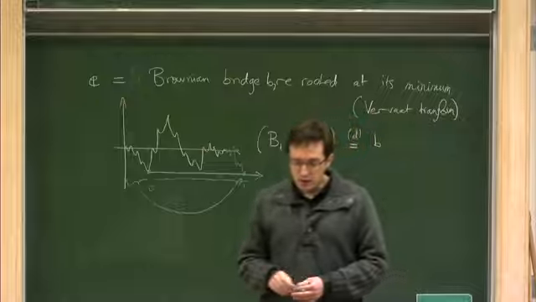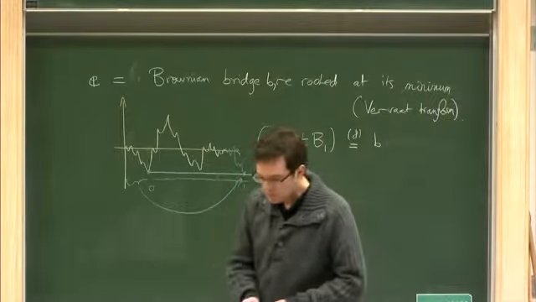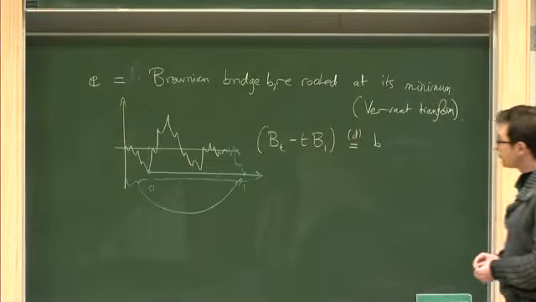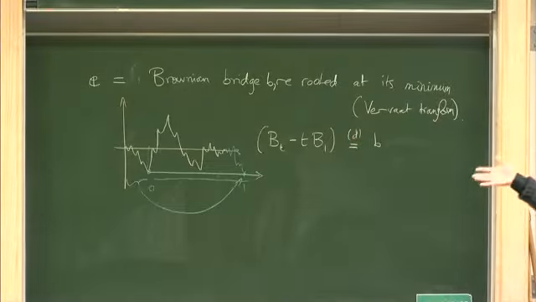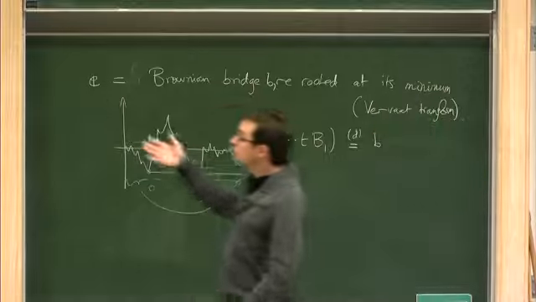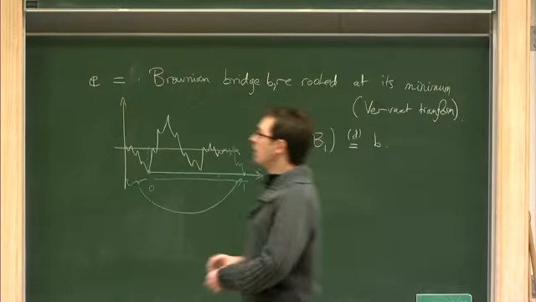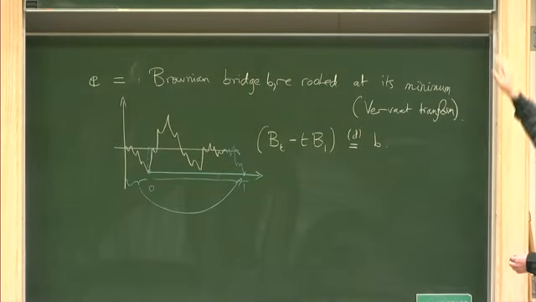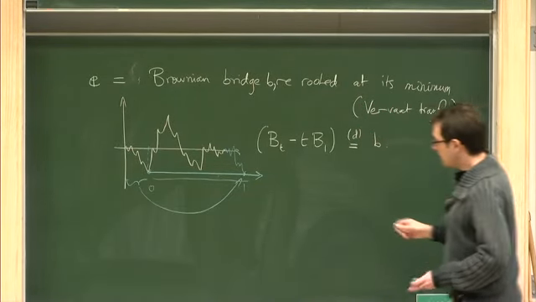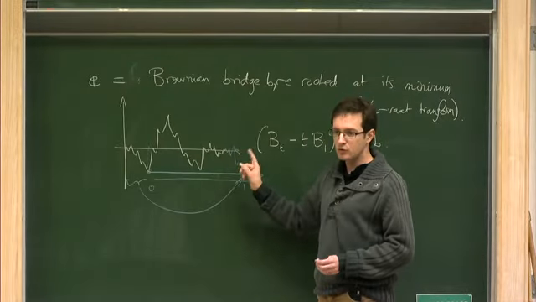This fact can be used to prove this theorem in a rather different way than the one that I've sketched here. And there is also a discrete analog to that.